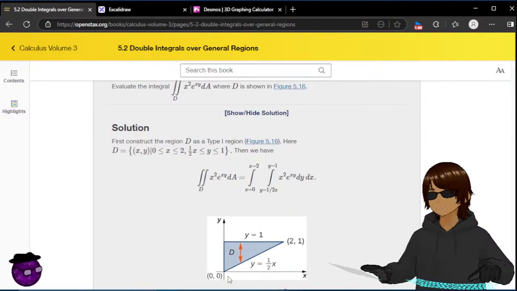So this is the region, with x from 0 to 2.